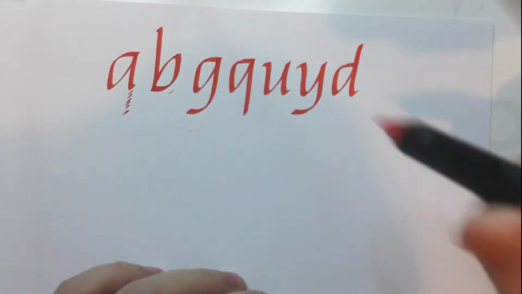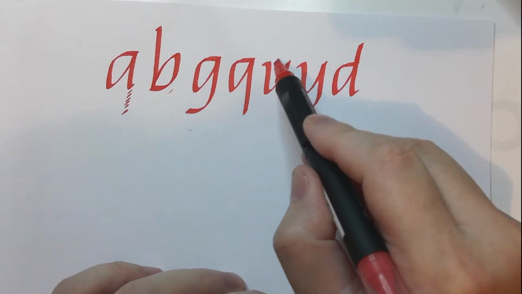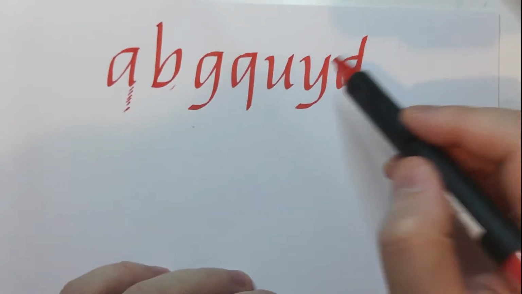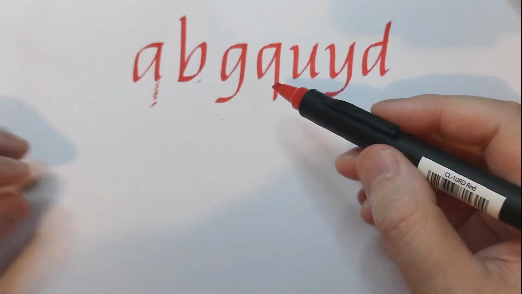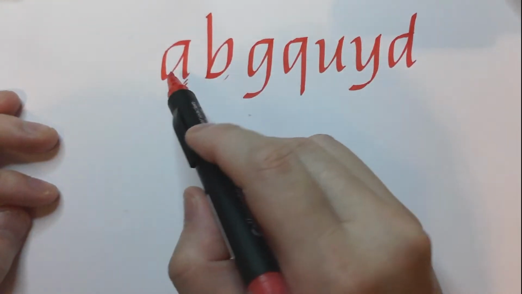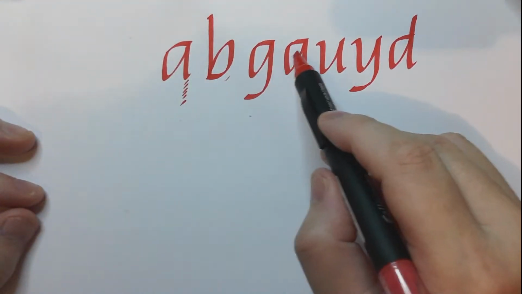Of course, the U and the Y are a little bit different because they don't have the horizontal stroke at the top. They're open, but everything else is very similar to the A. So the A is the leader of that group of letters, so that whenever you practice the A, in a way you're practicing the other letters as well.